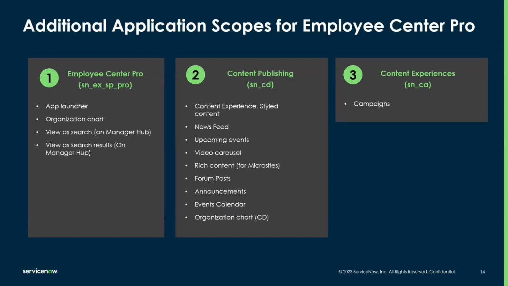Everything from working with styled content, banner announcements, the video carousel widget, rich content or microsites, to events, anything associated with employee communication is typically in the content publishing app. And content publishing is a dependent app for EC Pro. So you're not downloading content publishing or content experiences separately; you're typically only downloading EC Pro. But these are available separately because you could apply them in some other portal as well.